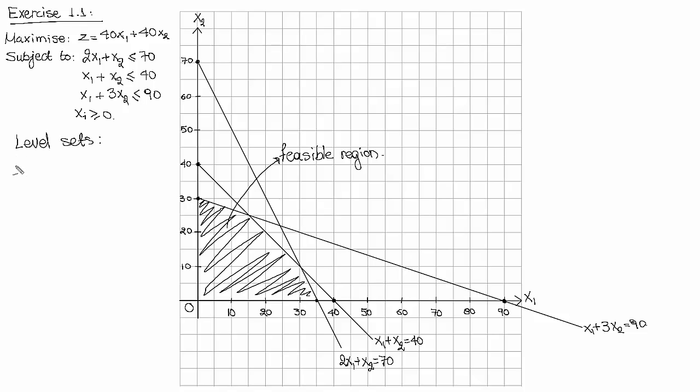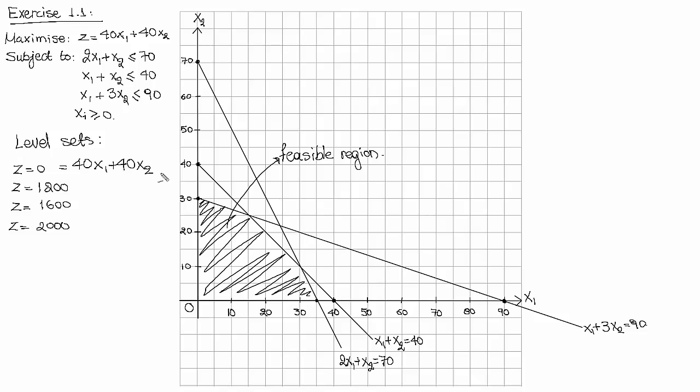So we're going to choose z to be equal to 0, 1,200, 1,600, and then 2,000. We need to also remember that z is 40x1 plus 40x2.